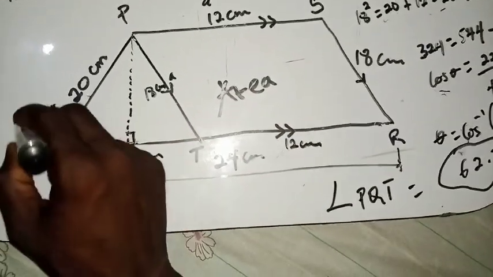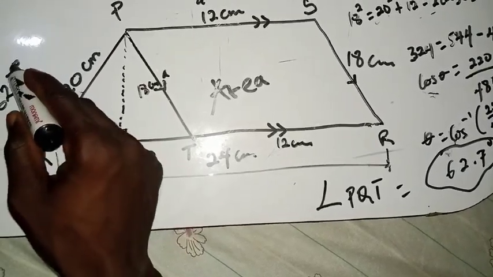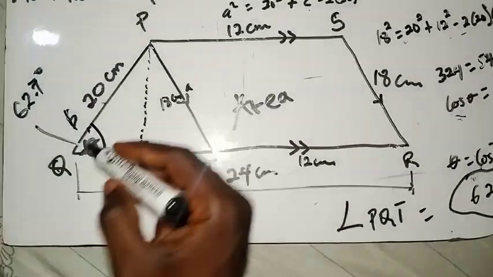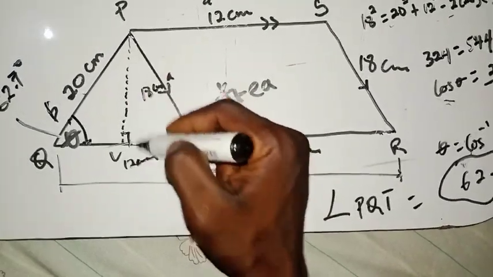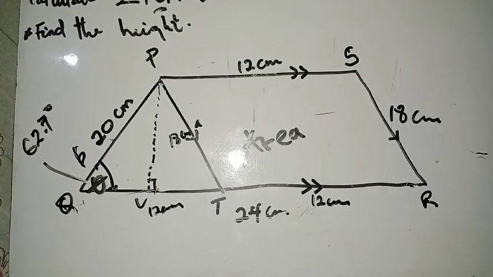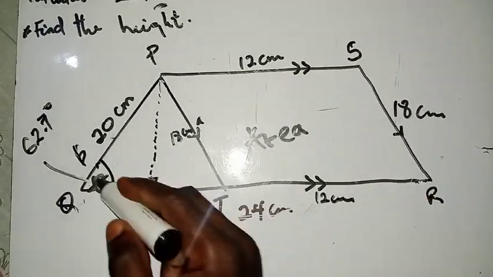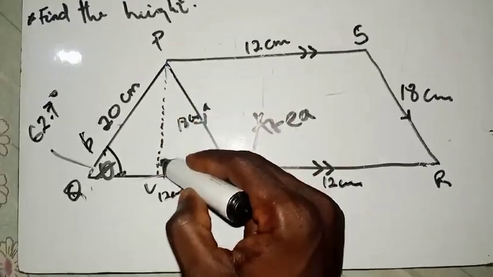Now that we have theta equal to 62.7 degrees, which tool can you use to find the value of the height? So you must remember that I have this guy here, I have this guy, and I'm just looking for this height here.